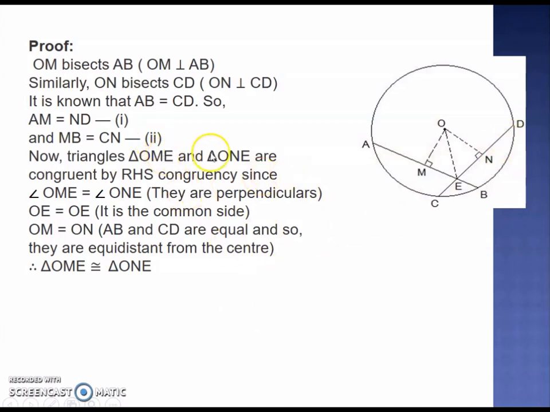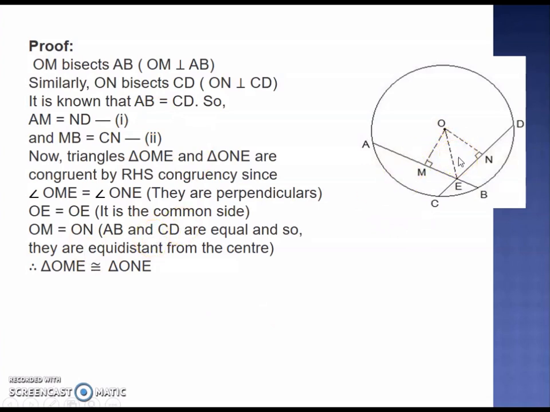Now if you consider these two triangles OME and ONE, then you can prove by RHS congruency that they are congruent because they both have a right angle each. Angle M and angle N are right angles. Hypotenuse is the common side. OM and ON are equal because we know that equal chords are equidistant from the center.